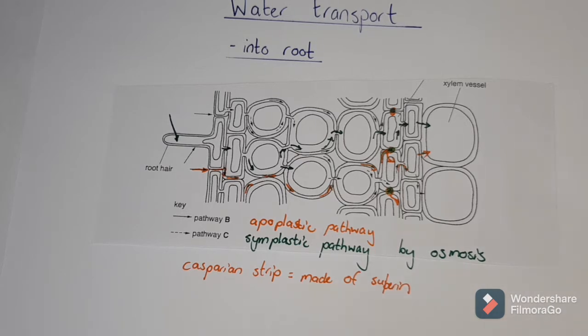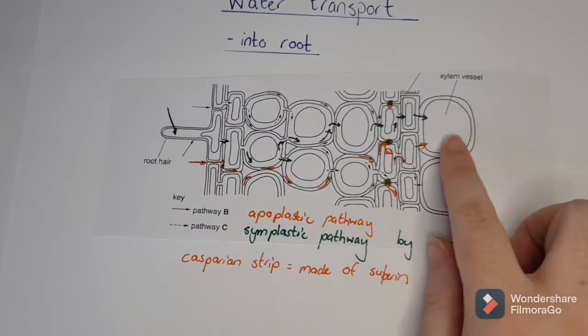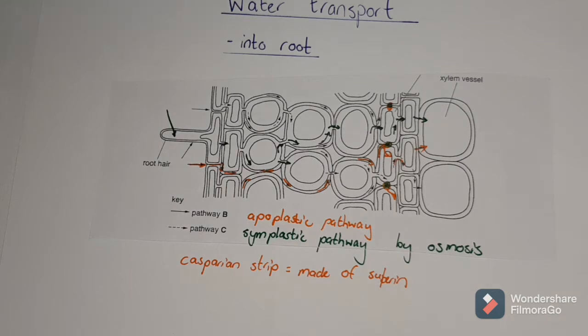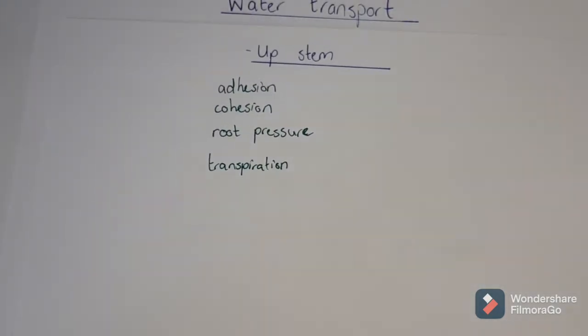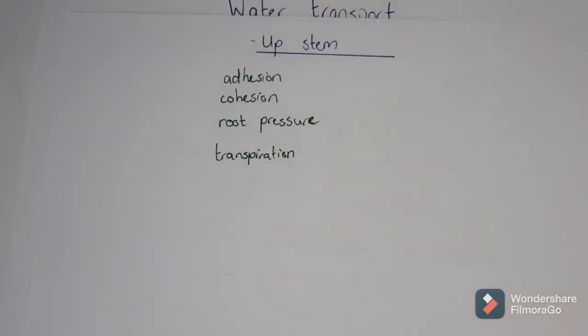So that's the two ways that water gets into our xylem from our root, through the apoplastic and the symplastic pathway. Now once it's in the xylem, it needs to get from those roots up to the leaves where it needs to be used for photosynthesis. The three ways in which water moves up the stem are because of forces of adhesion and cohesion, root pressure, and transpiration.